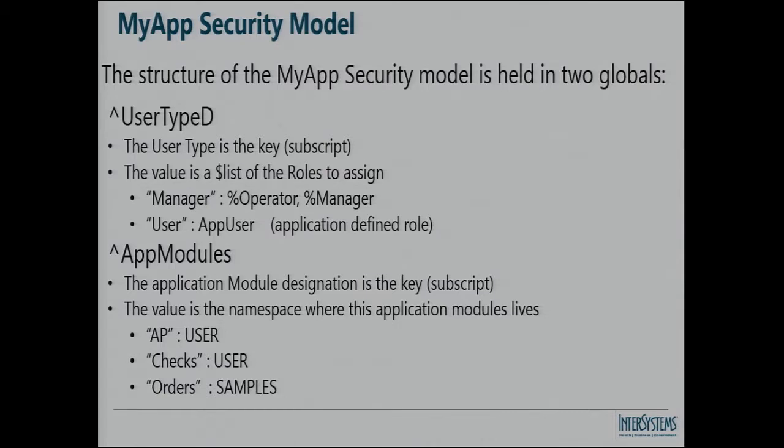By the way, this is not a real application. I'm not actually going to show you a screen, we're just going to simulate this. But we have some structures set up for the user type, so I know what my Cache roles are, and my app modules, which tell me which namespace to deal with. So that's the application environment that we're going to try and create a security model for, working with LDAP.